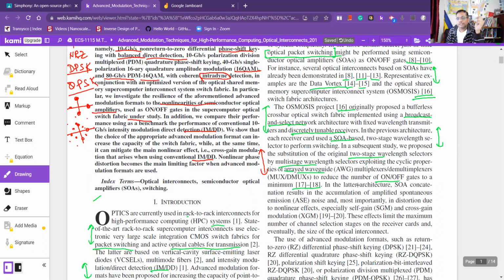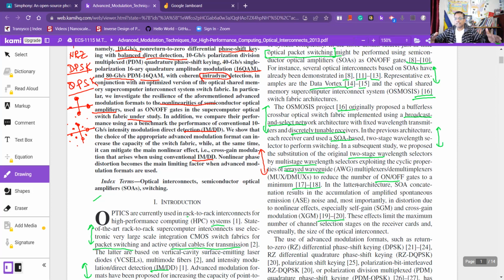Now, further moving, in the latter architecture, semiconductor optical amplifier concatenation results in the accumulation of amplified spontaneous emission noise and, most importantly, in distortion due to non-linear effects, especially self-gain and cross-gain modulation. Now in articles 19 and 20 they have highlighted what happens if we excessively use semiconductor optical amplifiers one after another in a concatenated way.